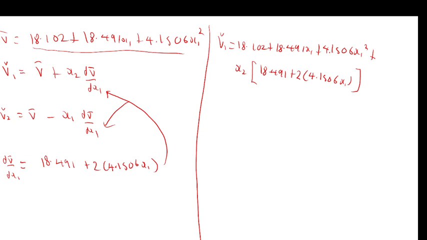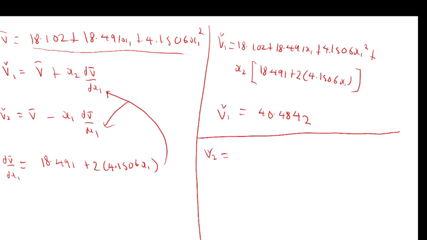Okay, so from what I'm getting my v1 to be 40.4842. So you can verify this, right?